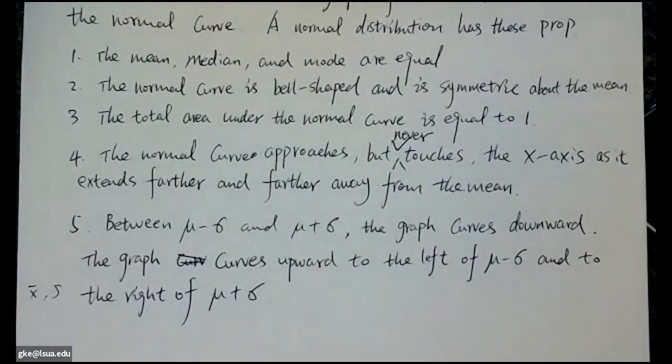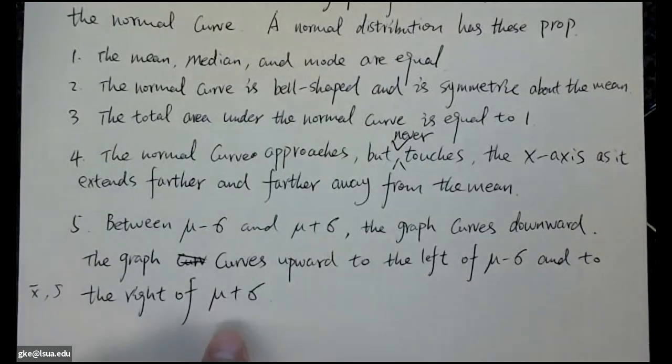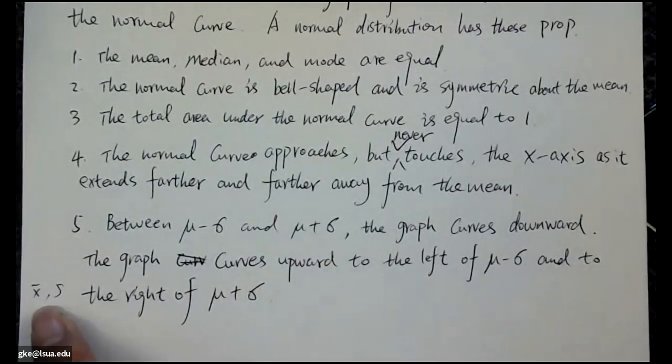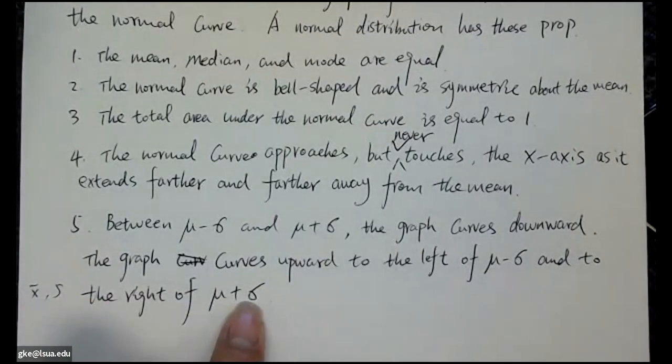I emphasized during the class when I taught you the different notation, right? One is about population, another one is about sample. So when you see the mu and the sigma, always about population, and the x bar and S is about sample, okay? So mu is a population mean, x bar is sample mean, sigma is a population standard deviation, and the S is sample standard deviation, okay?